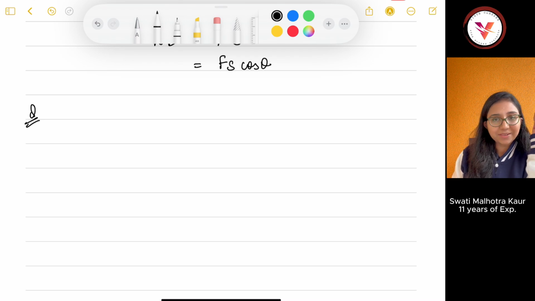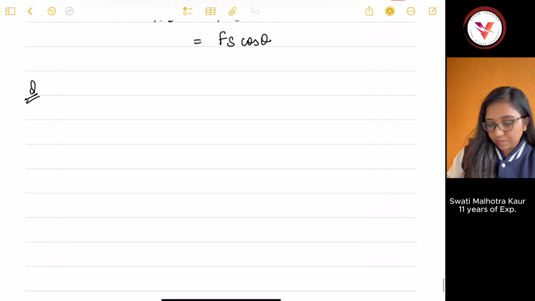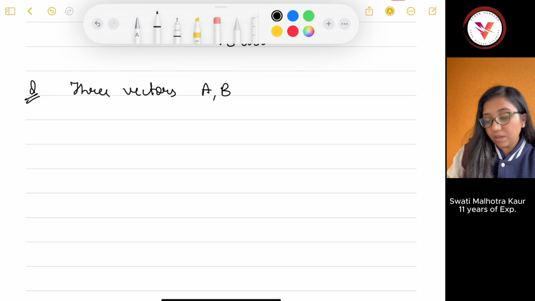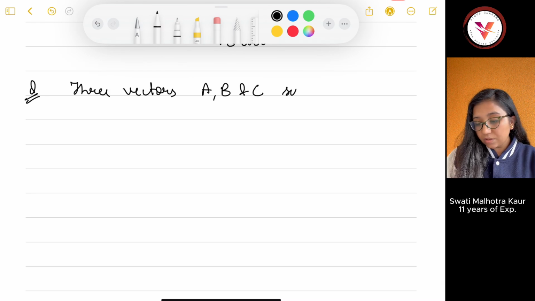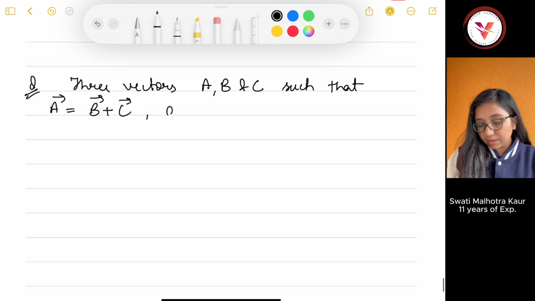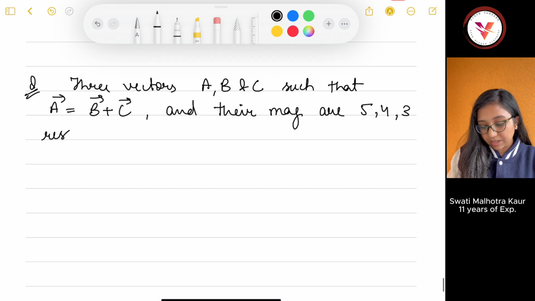Let's consider three vectors A, B, and C such that A equals B plus C, and their magnitudes are 5, 4, 3 respectively.